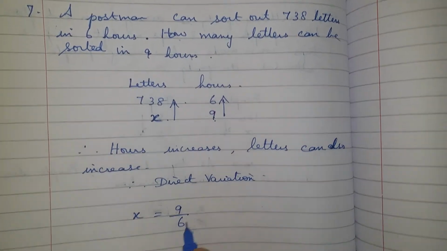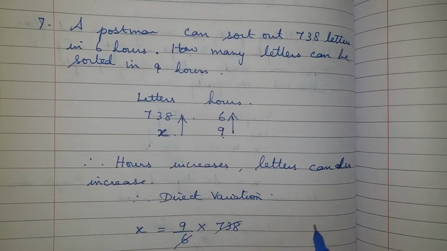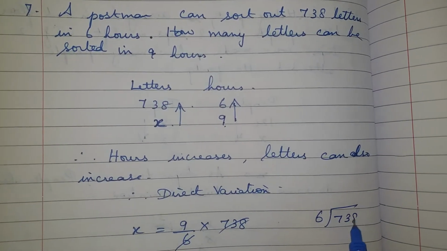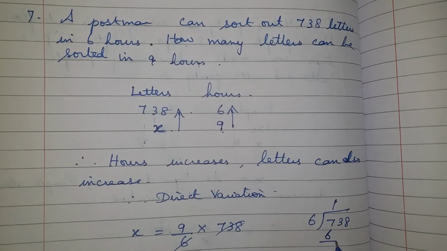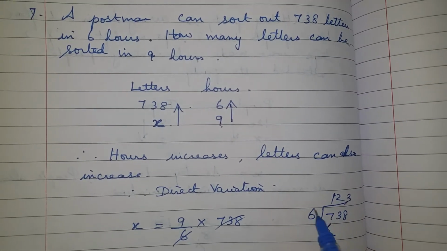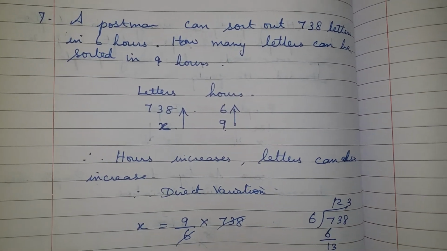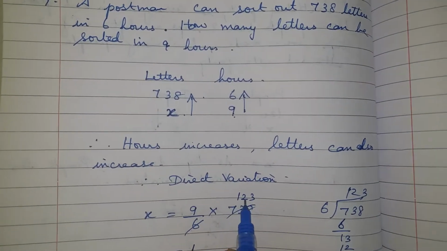Therefore 9 by 6 into 738. So it is equal to, you divide by 6 tables, 738 divided by 6. So 1 times 6, 13, 2 times 12, 18 means 3 tables, 6 3s are 18, remainder 0. So it is equal to 123. So 6 tables you're cancelling means 123 times.